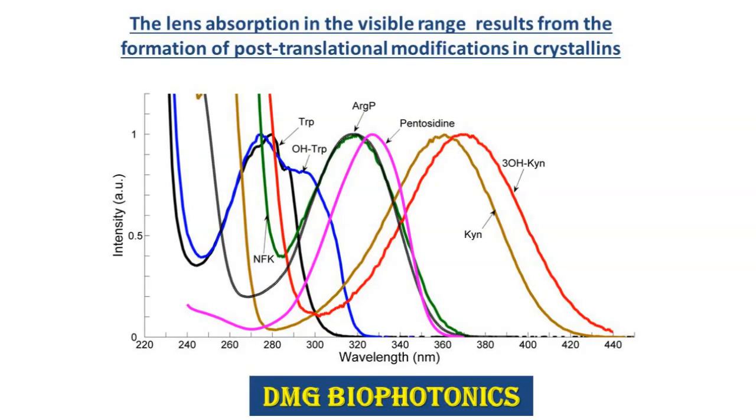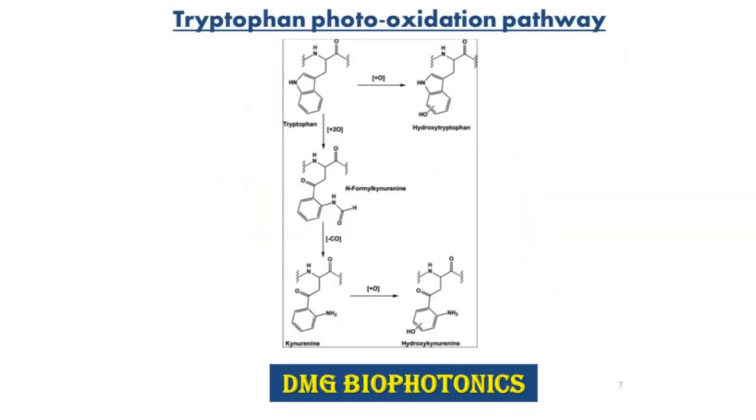We and others showed that this absorption results from the formation of post-translational modifications in the lens proteins. This figure shows the absorption spectra of the most abundant fluorescent post-translational modifications within the visible range. Notably, many of these post-translational modifications are the result of photo-oxidation of the tryptophan side chain.